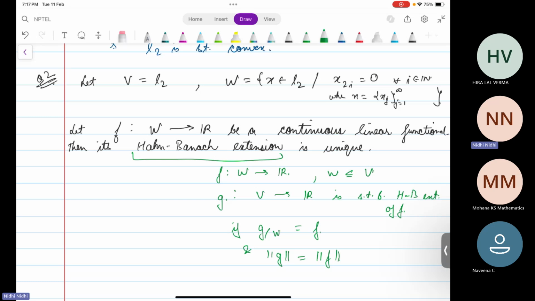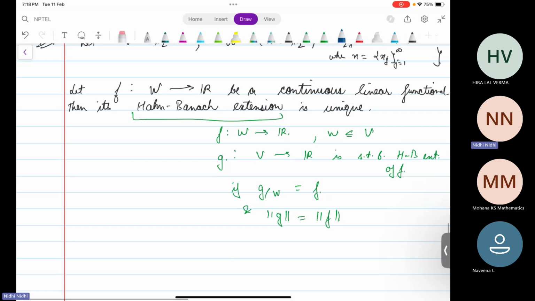Now we need to show that there exists a unique Hahn-Banach extension for a functional f defined on this subspace W of the space V, L2. Okay.